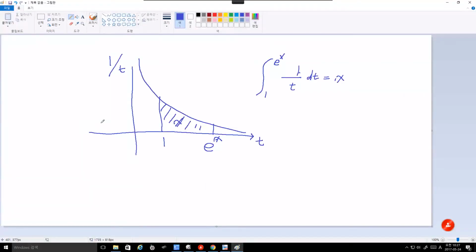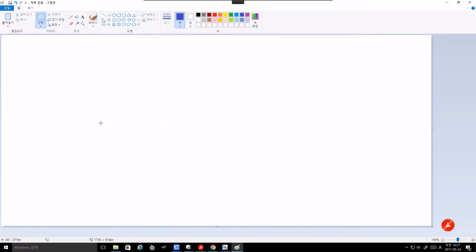Another interesting property of the exponential function is that if you take the derivative d/dx, or simply e to the x prime, then it is e to the x. So a very interesting property of this exponential function is that if we take its derivative, it becomes exactly the same.